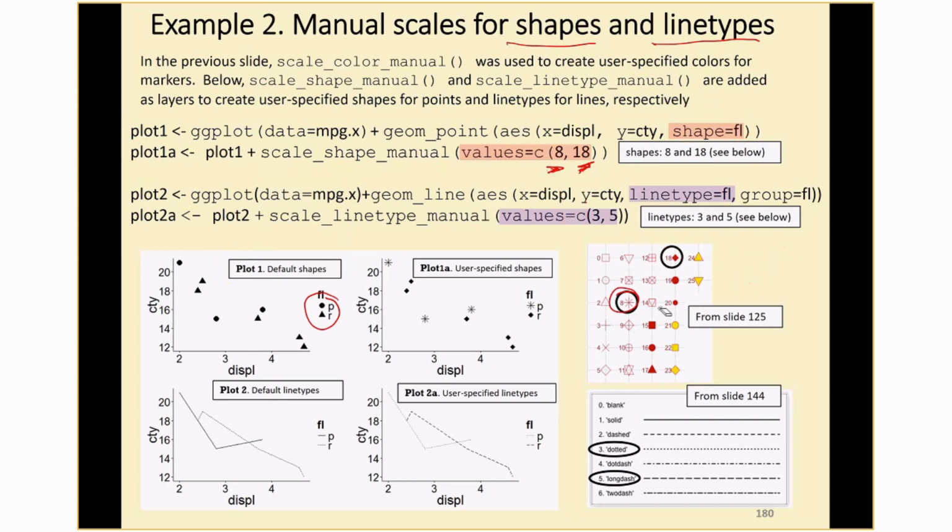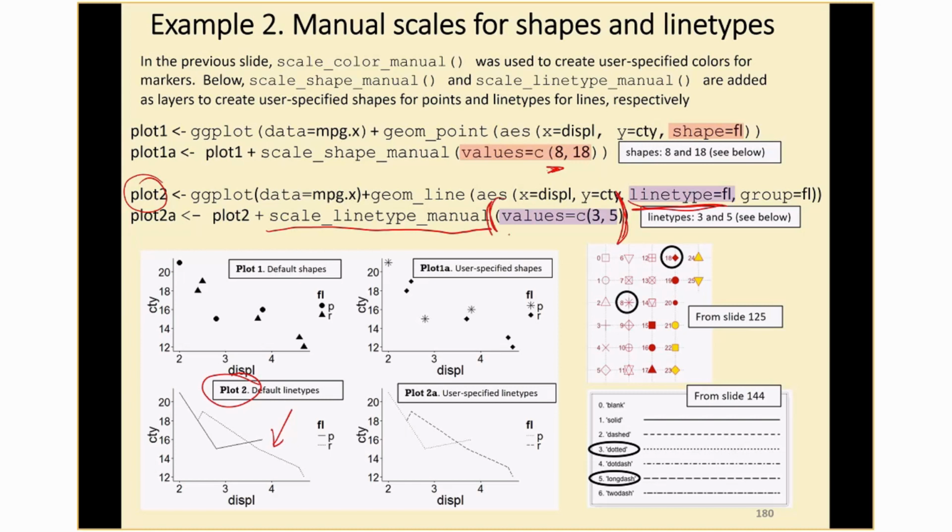We can also manually create line types. So here's plot 2, where I've mapped line type onto fuel. And there's plot 2, and by default, those are the two line types that I get. But I can override that by using scale line type manual. There's its open and close parenthesis.